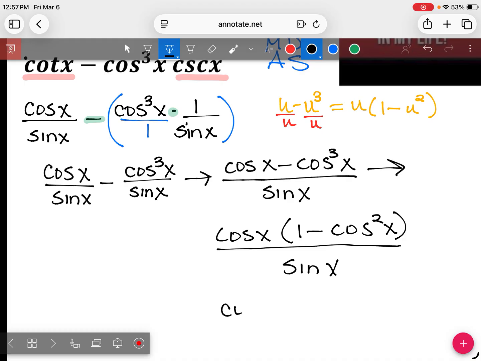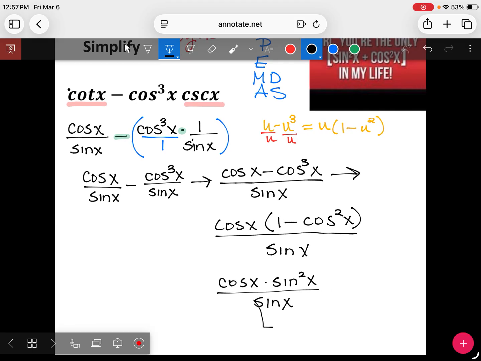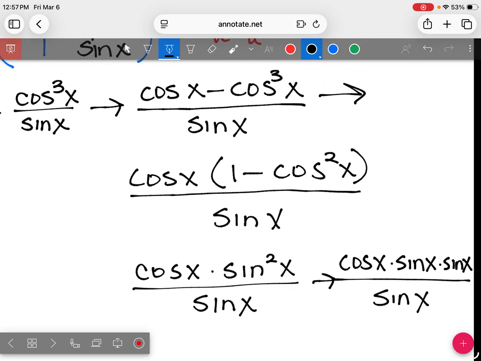So I have a cosine x times a sine squared x all over sine. And when you have sine squared, that simply means that you have two of them. So I have a cosine times sine times sine all over a sine. I had to squeeze that in there.